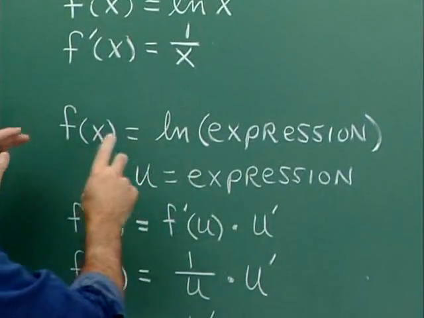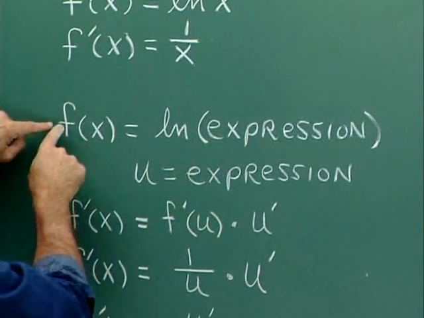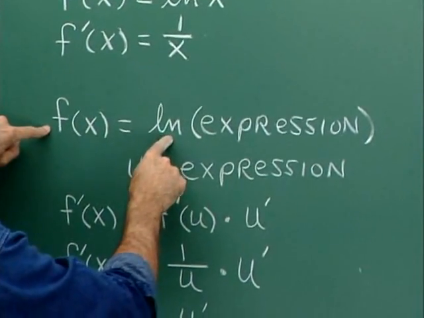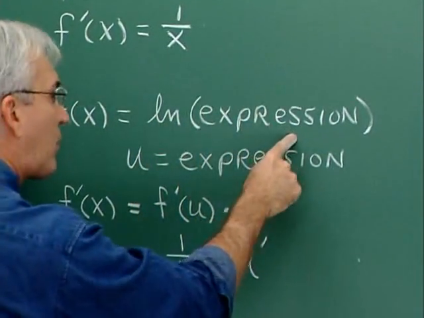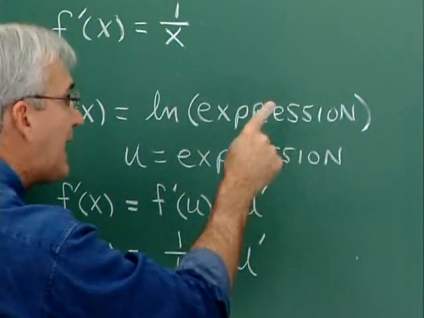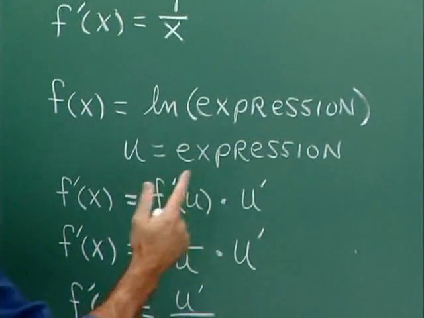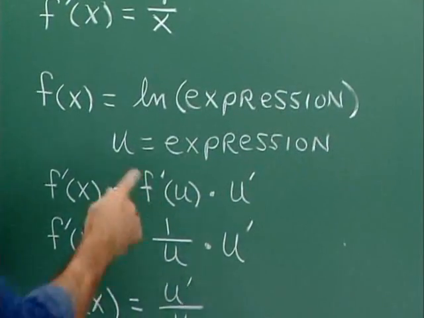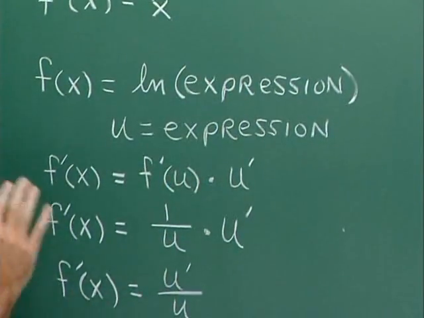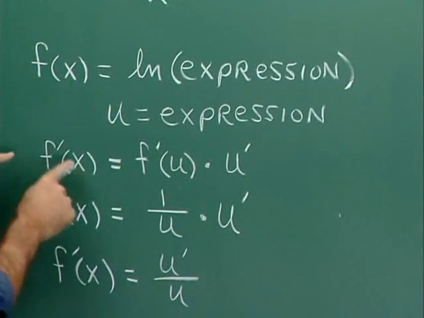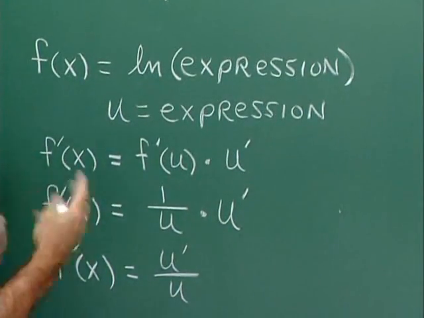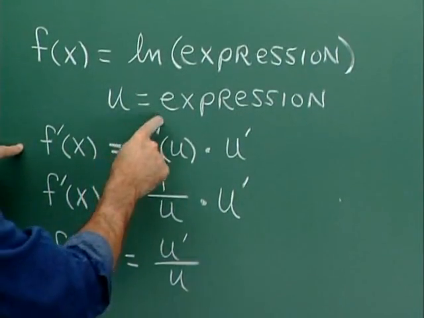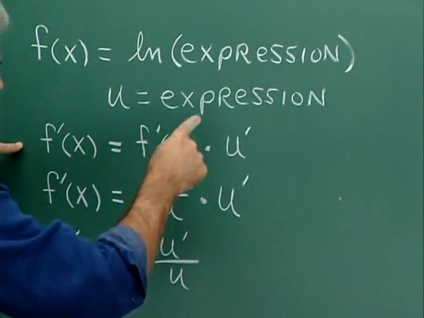You see, using the chain rule idea, it's the notion that f of x is some natural log of an expression involving x. Now that expression involving x is designated with, or the notation for it is u. So this is just ln u, all right, an expression involving x. F prime of x, then, using this chain rule idea, is f prime of u times u prime.